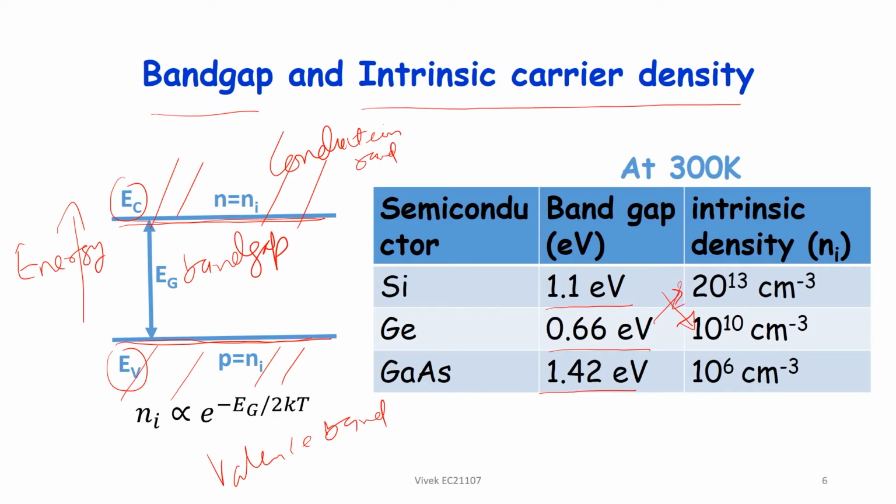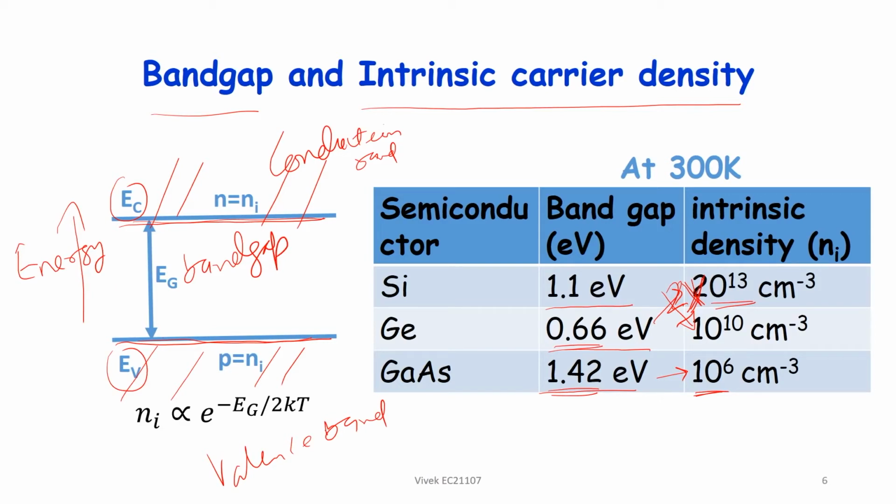So there is a product sign here. For gallium arsenide it is 10 raised to power 6. So you notice here, if band gap is more, intrinsic carrier concentration is less. If band gap is less, intrinsic carrier concentration is more.